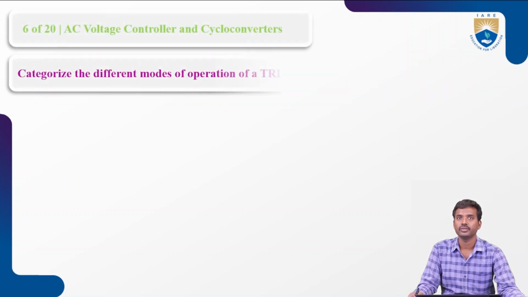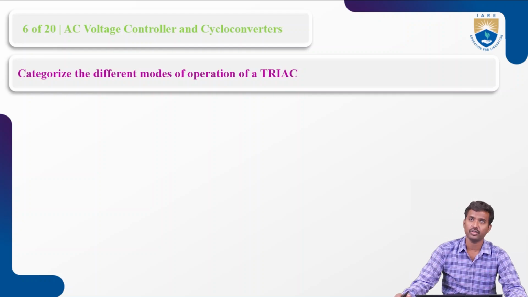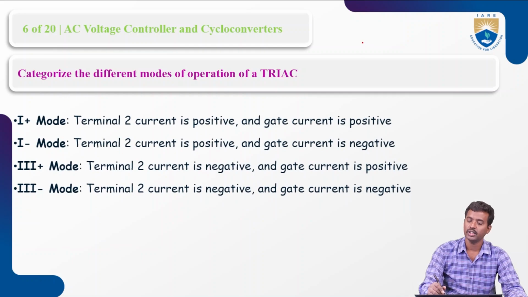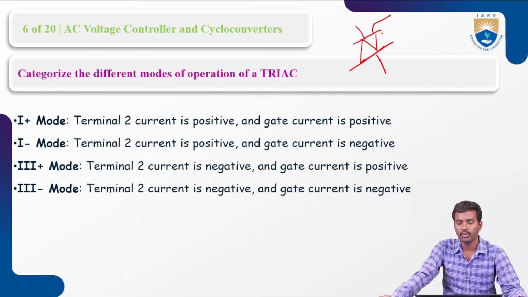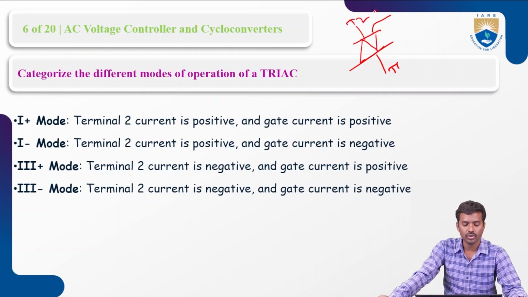And next, categorize the different modes of operation of triac. So what are the operations? Here this is the triac. How many terminals do we have? MT1, MT2, and the gate.